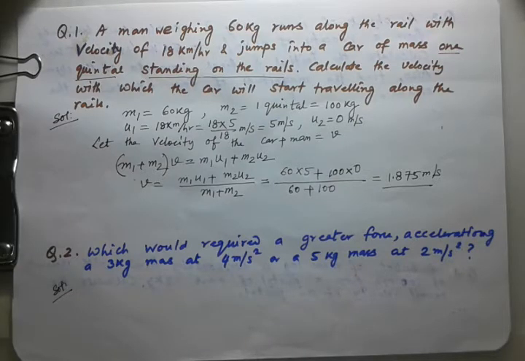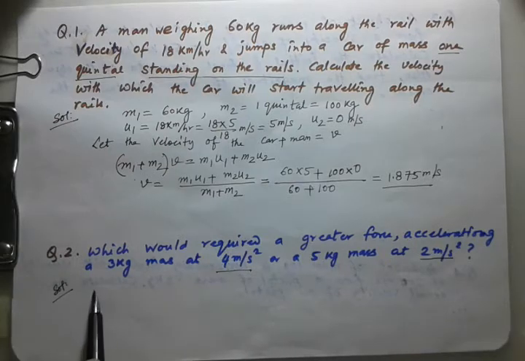Now we go to the next problem, which would require a greater force: accelerating a 3 kg mass at 4 meter per second square, or a 5 kg mass at 2 meter per second square. So very simple sum this one.